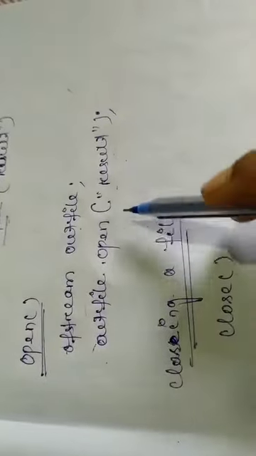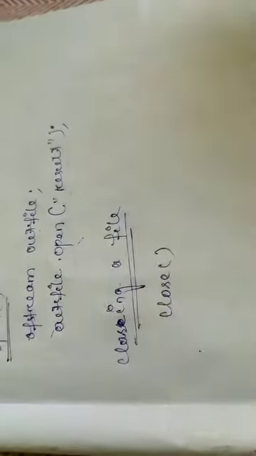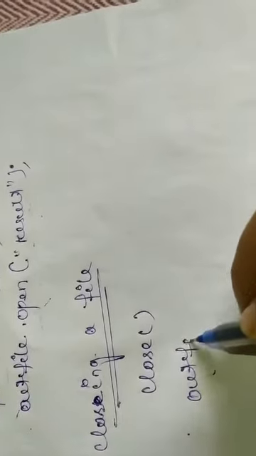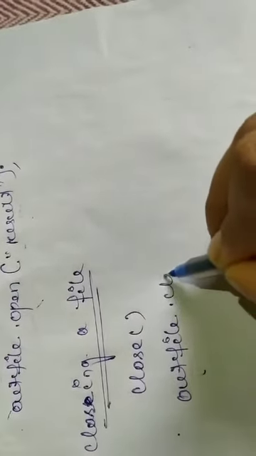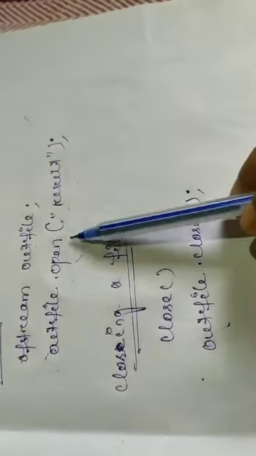Let this be open for output or write. This open function can also be used for write. So you can write like this: outfile dot close. It will not take any type of argument. Close means whatever it may be, in read mode or in write mode, it will be closed.